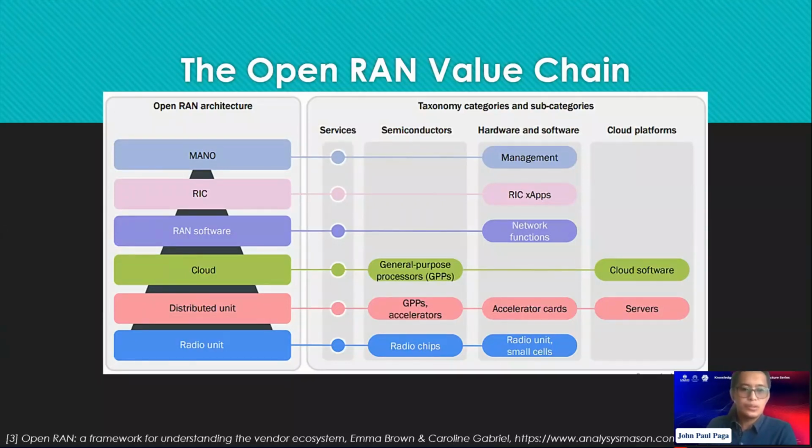So the study conducted by Analysis Mason, they map up those requirements, those values. So for the radio unit, yes, we need radio chips for it. So it's part of the semiconductors. We need small cells implementation. So hardware and software na siya.